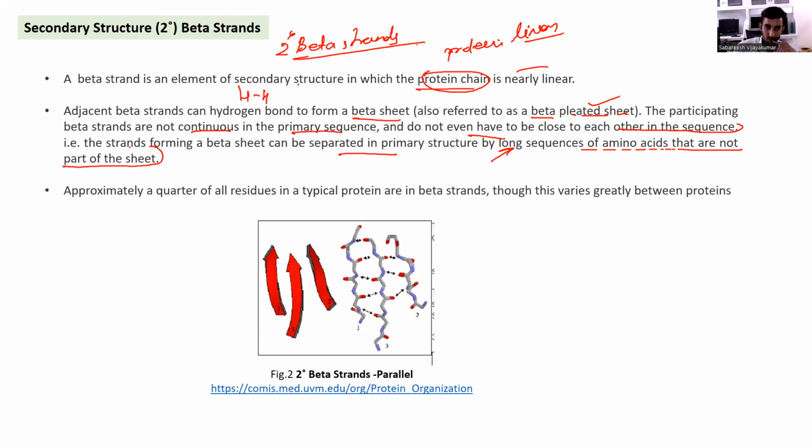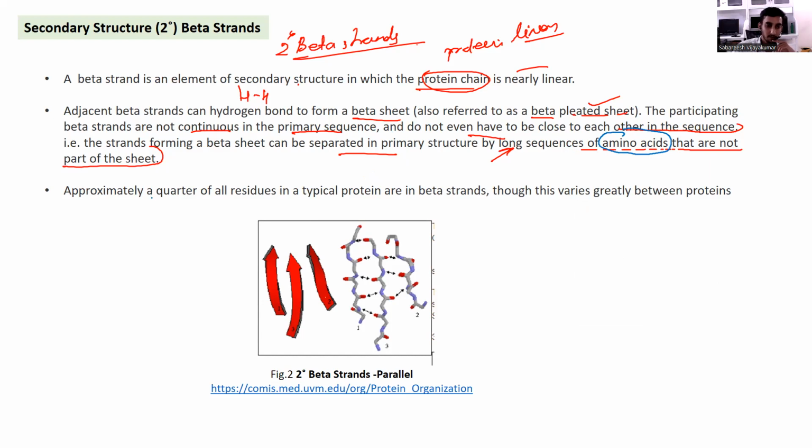So beta strands are not continuous in the primary sequence, and the strands can be separated by means of amino acid groups. So please note that amino acid groups can separate these primary structures. I hope it's clear.